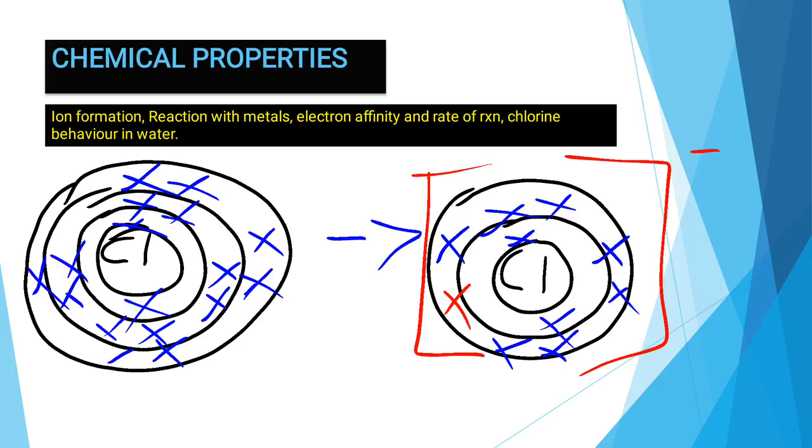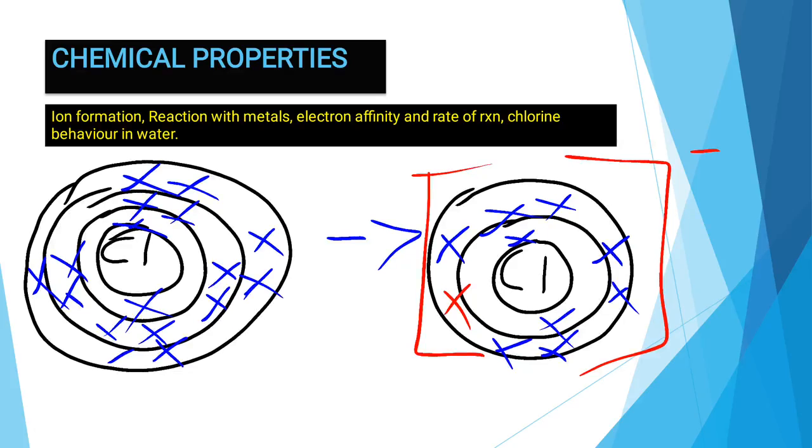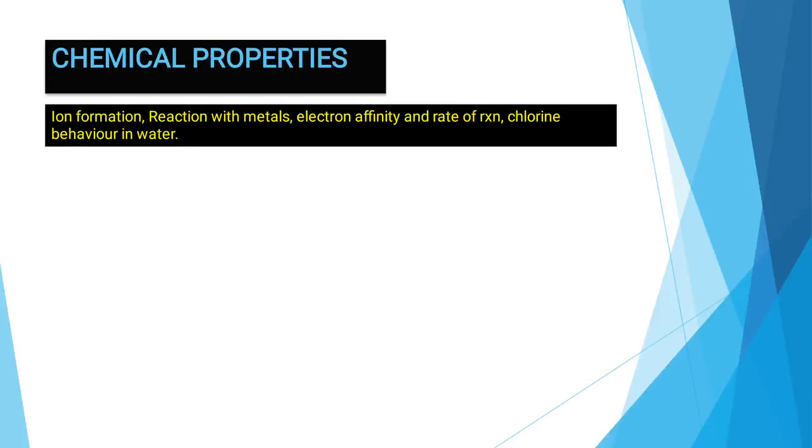Next, we look at the chemical properties again. The reaction with metals, that is the reaction of the halogens with metals. We can use the example of chlorine in this case. Chlorine reacts with iron to form iron 3 chloride.